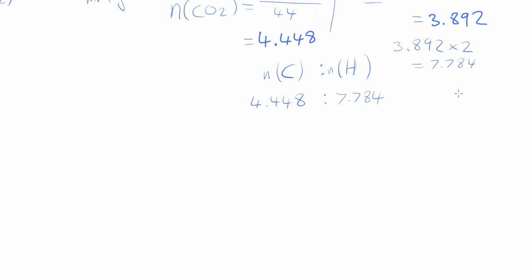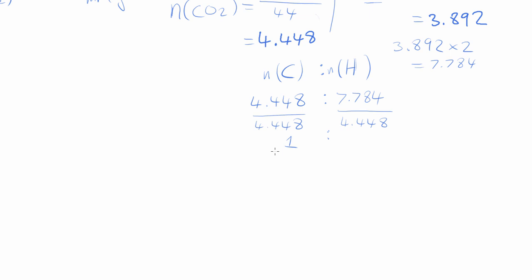So I'm going to divide 4.448 by itself, and I'm going to divide 7.784 by 4.448, right? Now, obviously, because this is being divided by itself, this is going to give us 1.